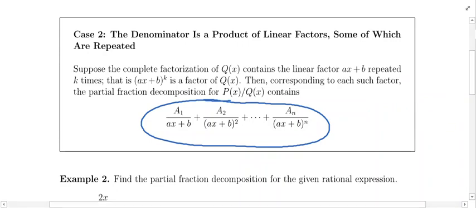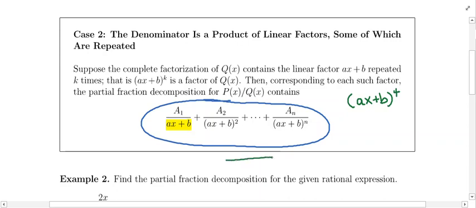You're going to go about setting up your fractions like you would in case 1. The difference now is when you see this repeated factor, you're going to put it in the denominator multiple times. Let's say ax plus b is our repeated factor and it goes to the 4th power, so it's repeated 4 times.